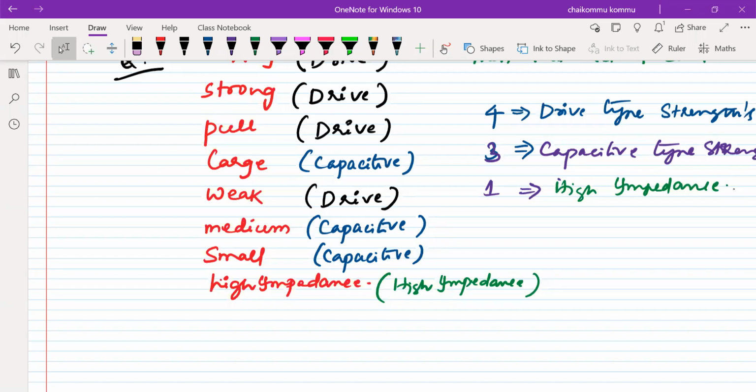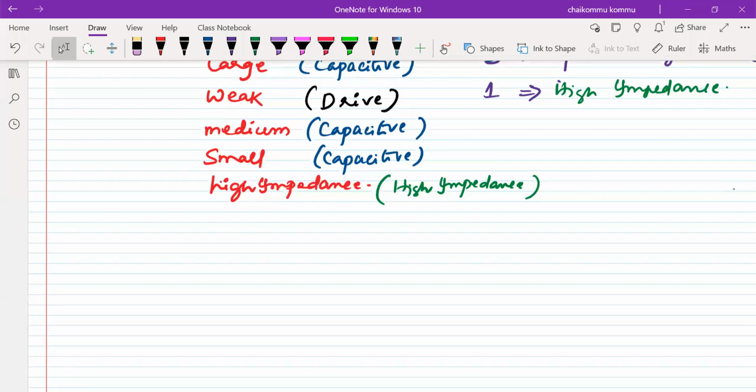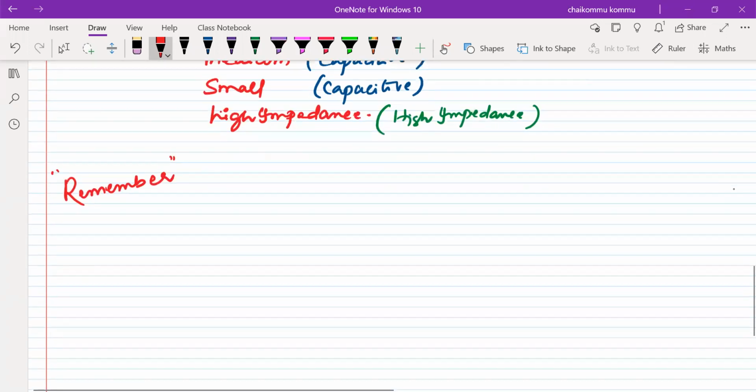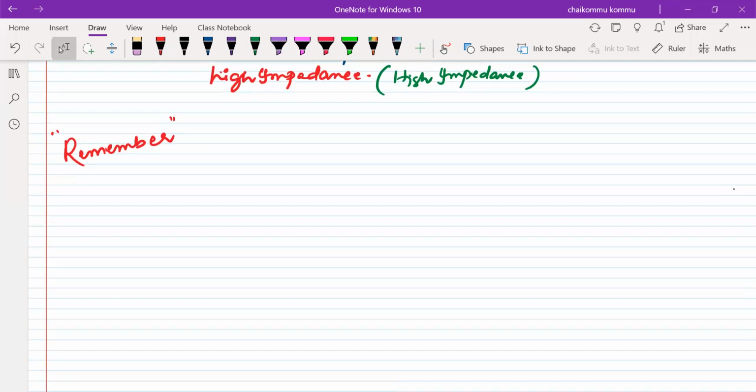Before going to that one, we have to note one point. Let us note something, or we should remember something. As all of you know, whenever you take any digital system, whatever the lines are there, those lines are by default net data types.